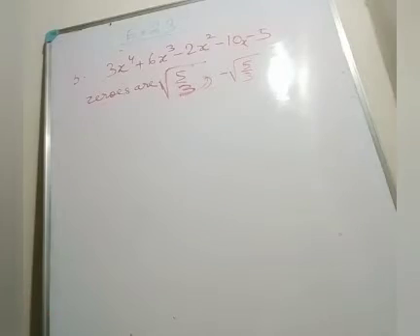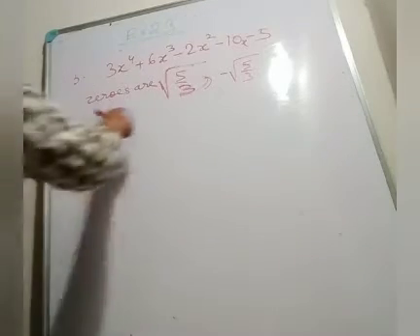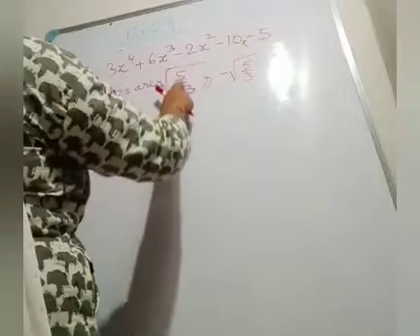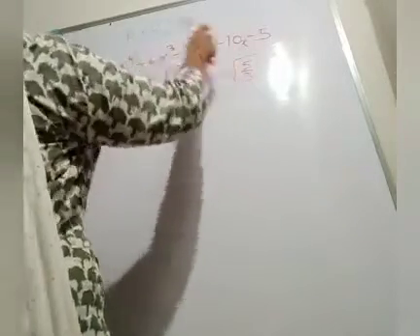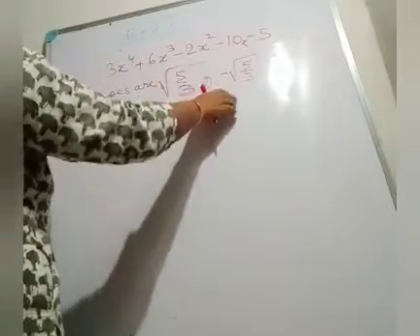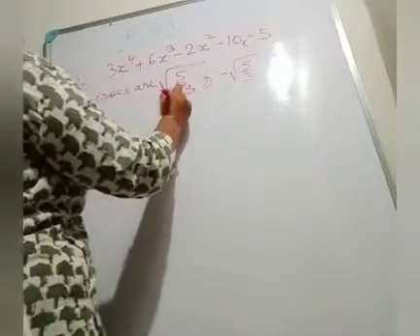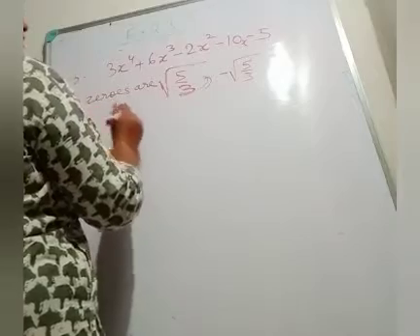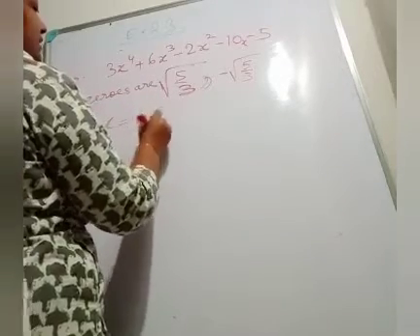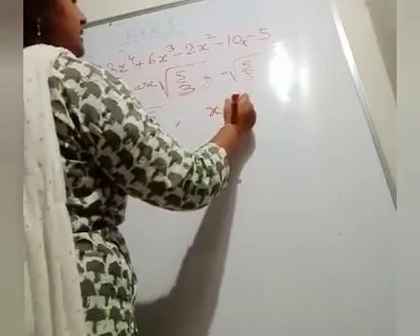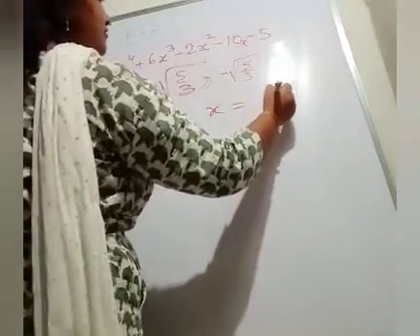The third question is, here two zeros are given, root over 5 by 3 and minus root over 5 by 3. This is the polynomial given to you and two zeros are given. That means x equal to root over 5 by 3 and x is equal to minus root over 5 by 3.